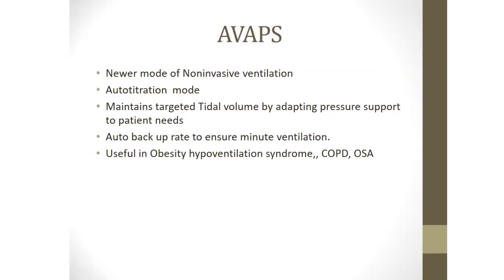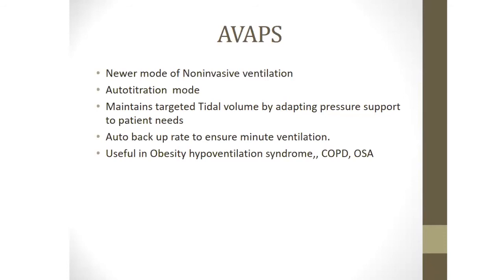AVAPS usually maintains the targeted tidal volume by adapting pressure support to the patient's needs. For example, if you have set a tidal volume of 300 in AVAPS mode, and you have given an IPAP range between 20 and 10, the BiPAP will deliver the desired pressure support within those ranges to attain that volume and that minute ventilation.